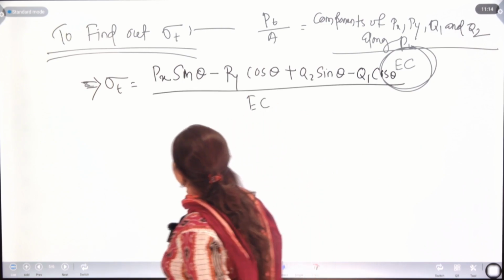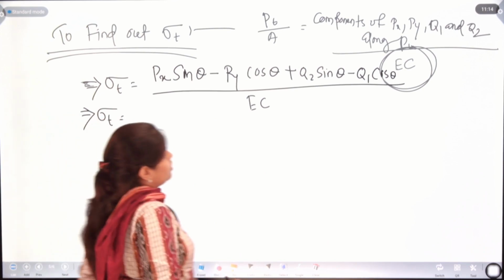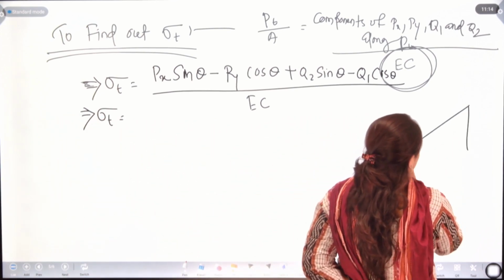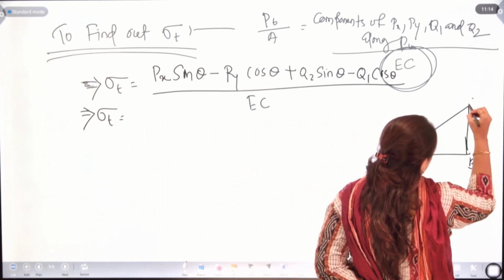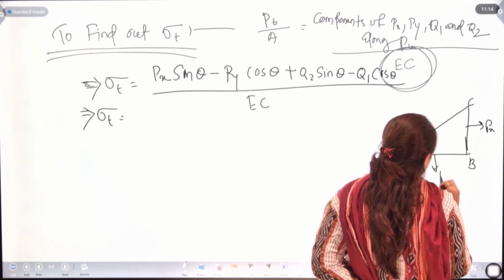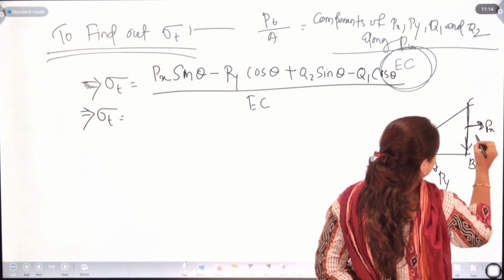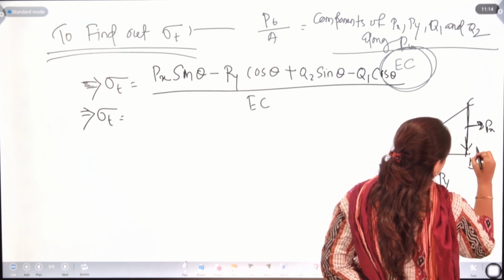In the form of sigma, we have already found out. Here also you can see, as Px is acting here, you can take the BC here.